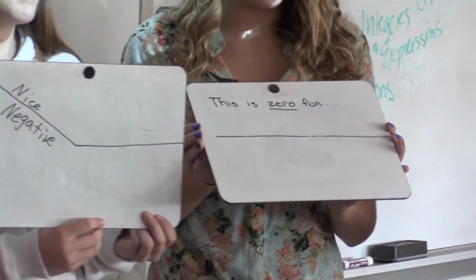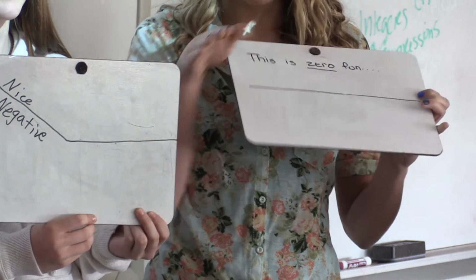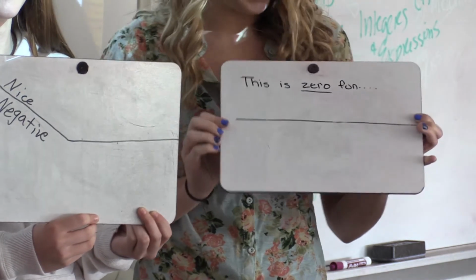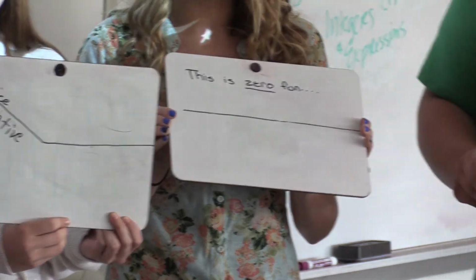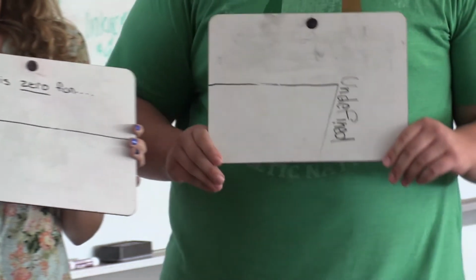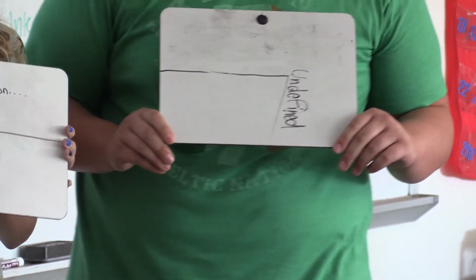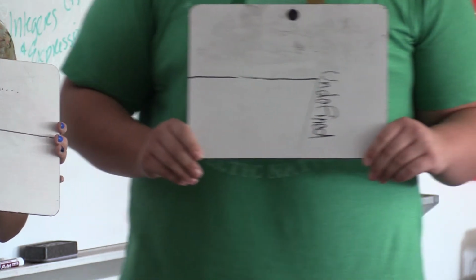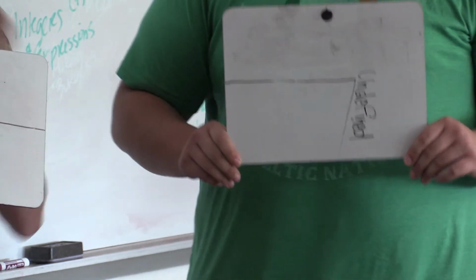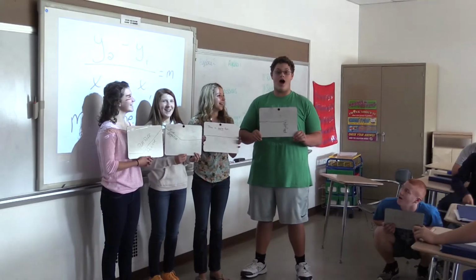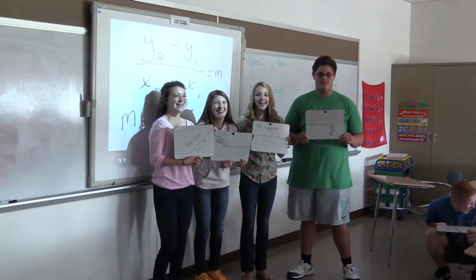He then continued in a straight line on a nice plane and said, this is zero fun. And then he hit a cliff and went straight down. And he said the worst curse word known to math. He yelled, undefined! And that is slope.